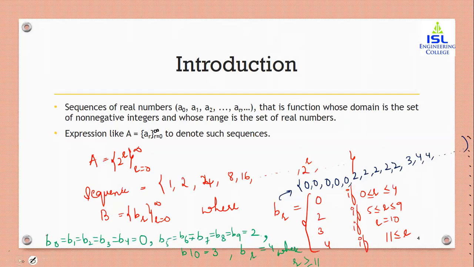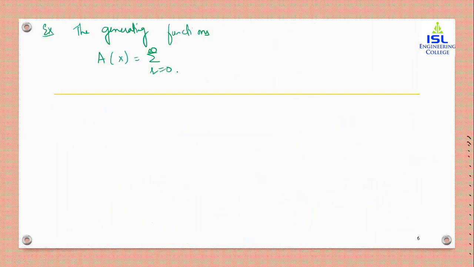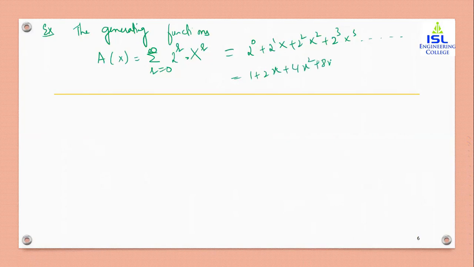For this, if we want to write the generating function, we write 2 power r into x power r: with 2 power 0 we multiply x power 0, with 2 power 1 we multiply x power 1. So simply 2 power r into x power r, or it can be written as 2 power 0 plus 2 power 1 into x, plus 2 square x square, plus 2 cube x cube, and so on, or 1 plus 2x plus 4x square plus 8x cube.